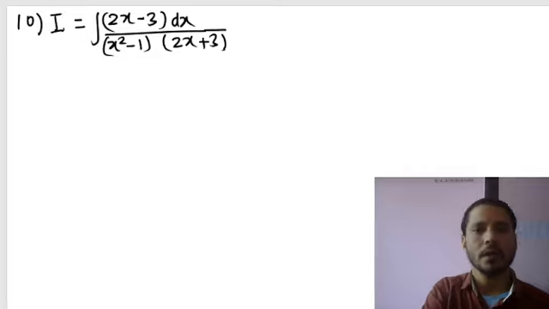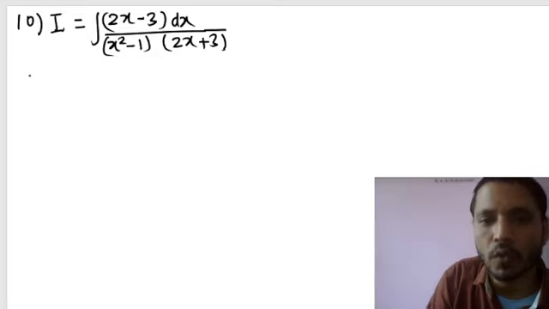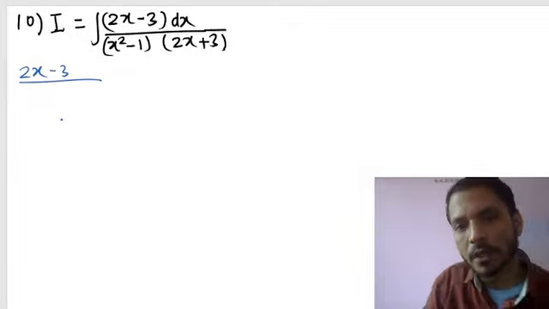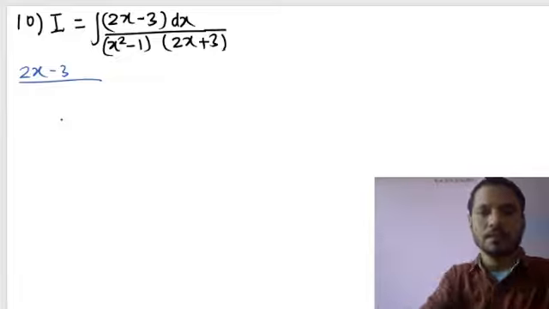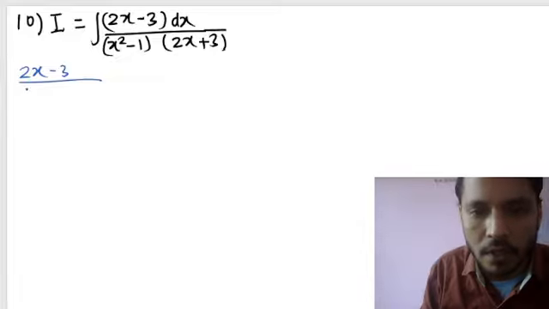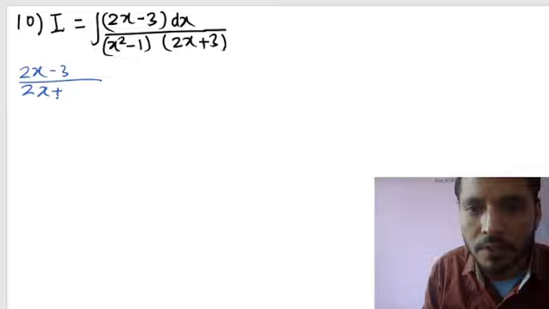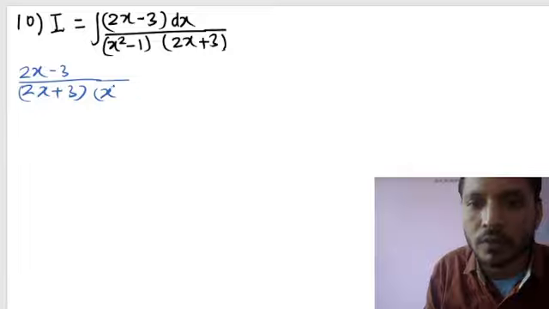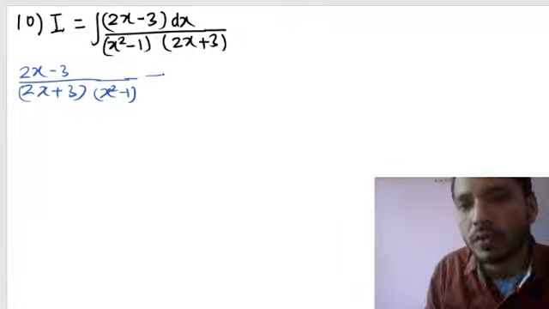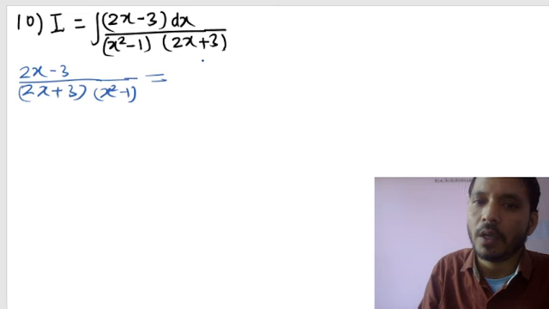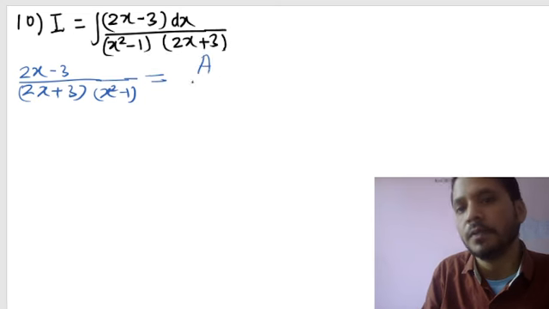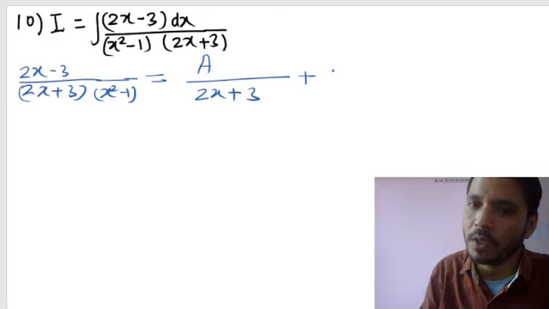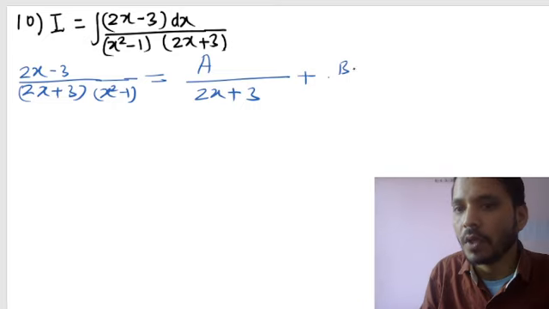This can be written as 2x plus 3, and this is divided by x square minus 1. So here a upon 2x plus 3, and then b upon.